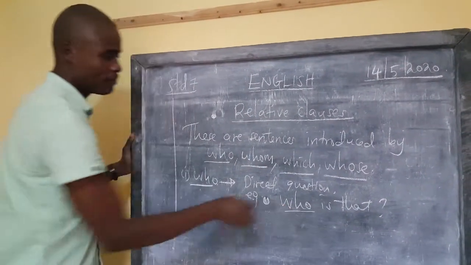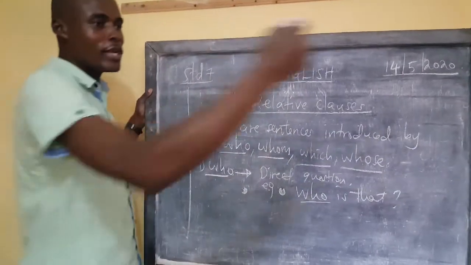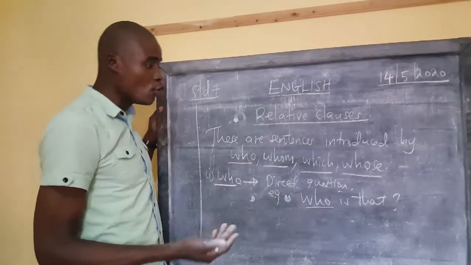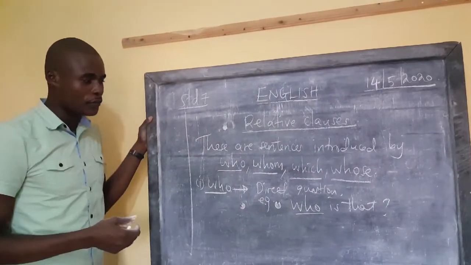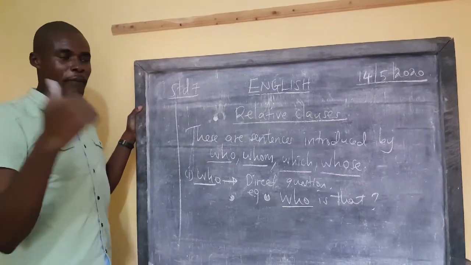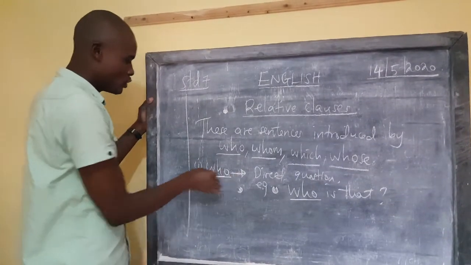Who has come to tell us? That is a direct question to somebody; you are asking somebody directly. In case a visitor has come and your mother asks you, who is that? Or who was that who has knocked at the door? That is a direct question posed by your mother to you about the person who has just knocked at the door. So we use it in direct questions.